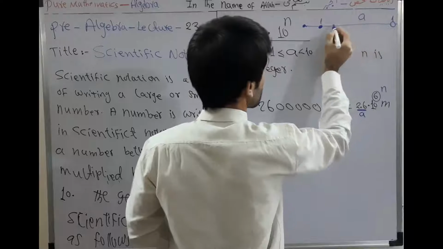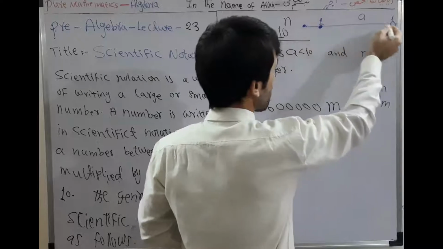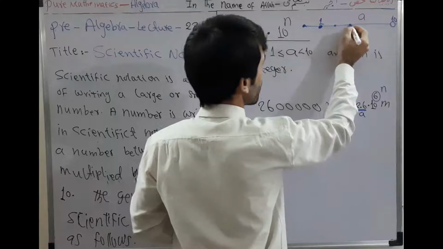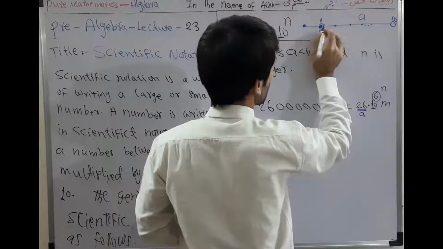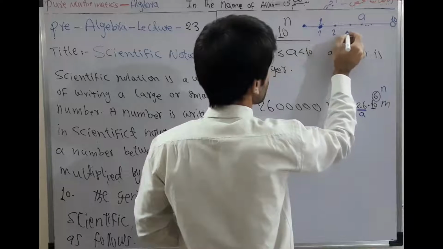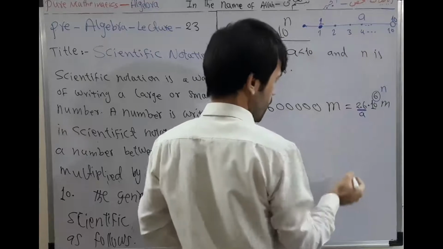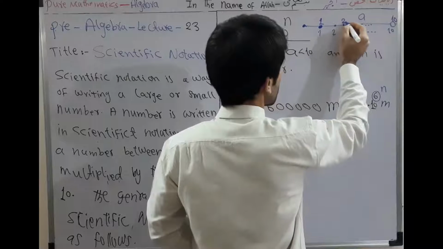Here a can be located between 1 and 10: 1, 2, 3, 4, and so on up to 10. Now 2.6 is here.